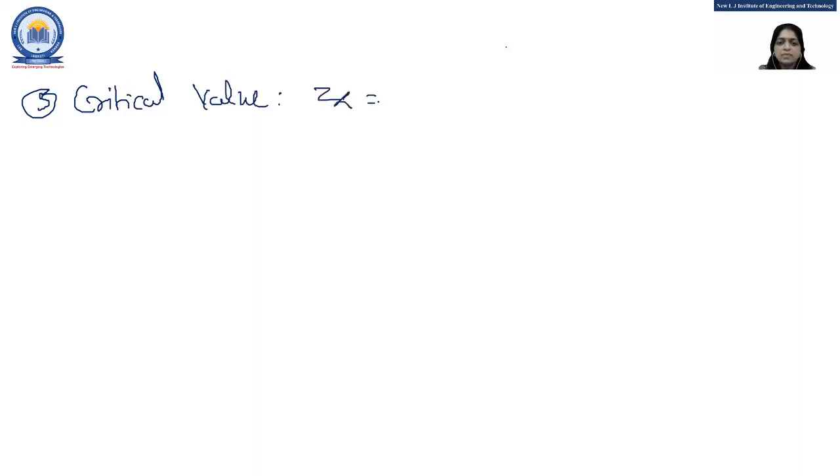Now, the second last step, and that is critical value. Fifth one, critical value is Z alpha. As our alpha is 0.05 and we are applying two-tailed test, the value of Z alpha from the normal table is 1.96.